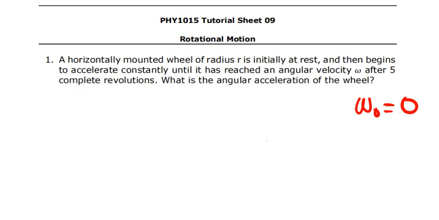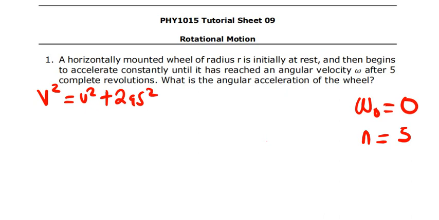What about the revolutions? I'm going to represent the number of revolutions by n, and it is 5, okay? Now, we're trying to find the angular acceleration. How are we going to find it? From linear motion, we used to say v squared equals u squared plus 2as.